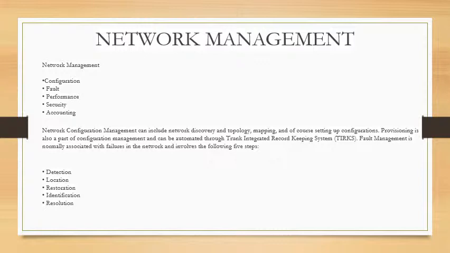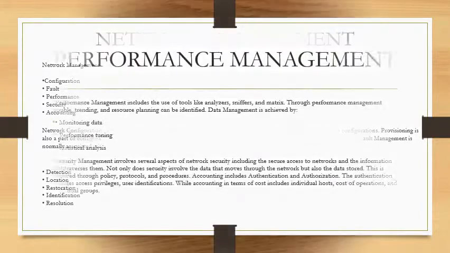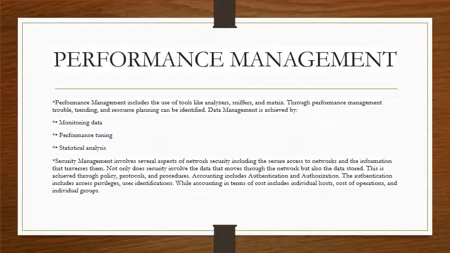Fault management is normally associated with failures in the network and involves the following five steps: detection, location, restoration, identification, and resolution. Performance management includes the use of tools like Analyzer and Sniffers. Through the performance manager, troubleshooting and resource planning can be identified. Data management is achieved by monitoring data, performance tuning, and statistical analysis.